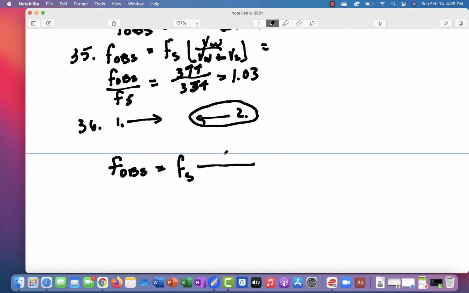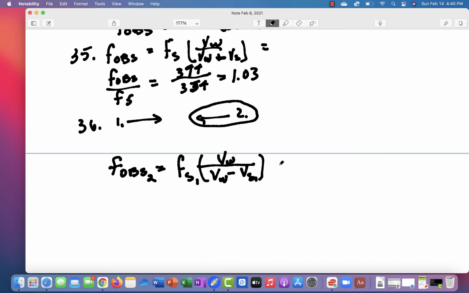And that's going to be, first of all, the moving source is VW over VW minus the velocity of the first bird. But that's also multiplied because of the observer, and so you just have to keep these straight. So now this is source 1 because we're doing observer 2, right?